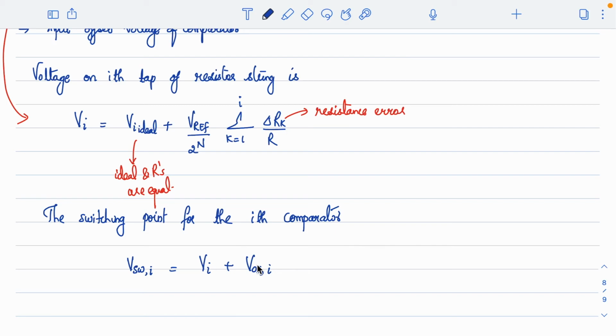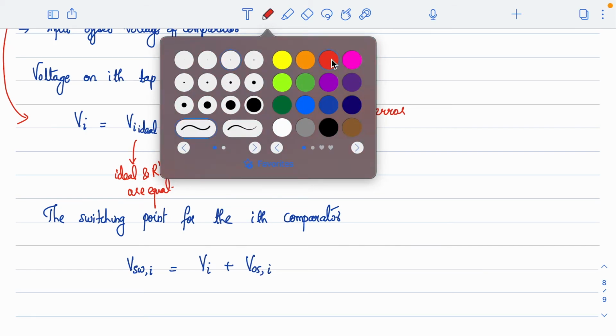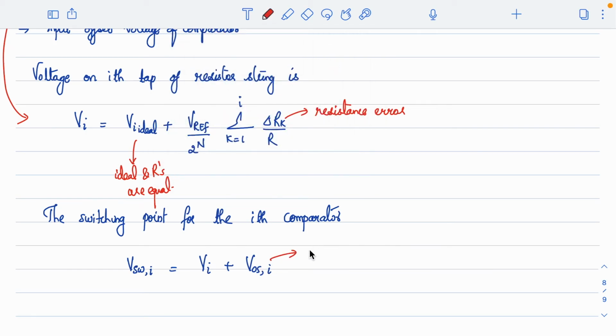This is one thing we are considering as new compared to the resistor string DAC, right? Where V offset of i is nothing but the input referred offset voltage.